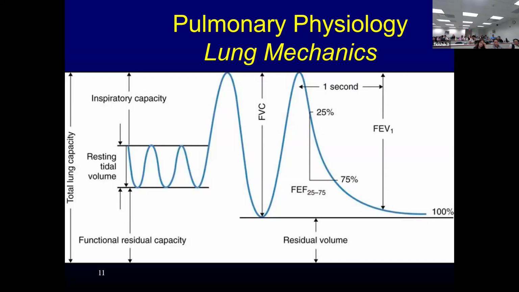Even if you're asleep today, this is a fact which will never change in medicine. It's a very important concept. In healthy people, FEV1 is 80% or higher of the FVC. If it is less than 80%, you have an obstructive lung defect. FEV1 by FVC less than 0.80 means you have asthma, bronchiectasis, or COPD. Is everybody with me on this?